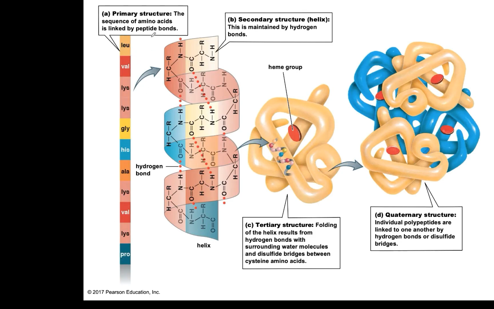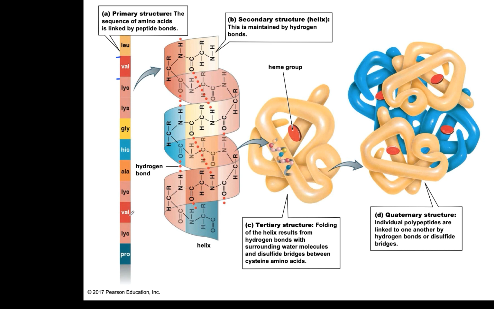The left linear structure shows the primary structure of a protein. The primary structure is a series of amino acids joined by peptide bonds. There's a peptide bond between each amino acid.